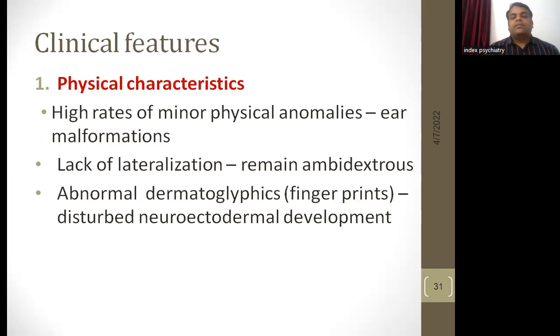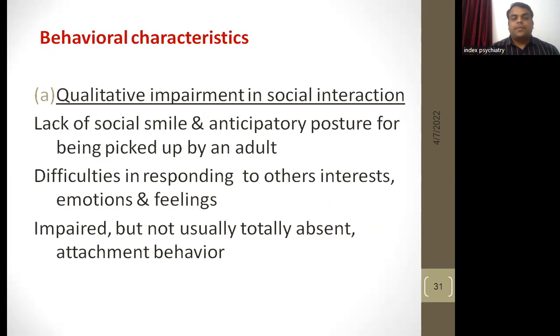And these are some clinical features. First one is physical characteristics. A high rate of minor physical anomalies may be there. A lack of lateralization, remaining ambidextrous. Abnormal dermatoglyphics and fingerprints, disturbing neuroectodermal development.